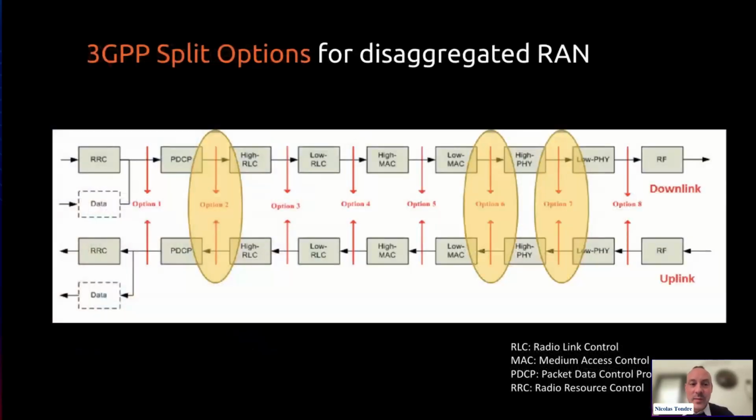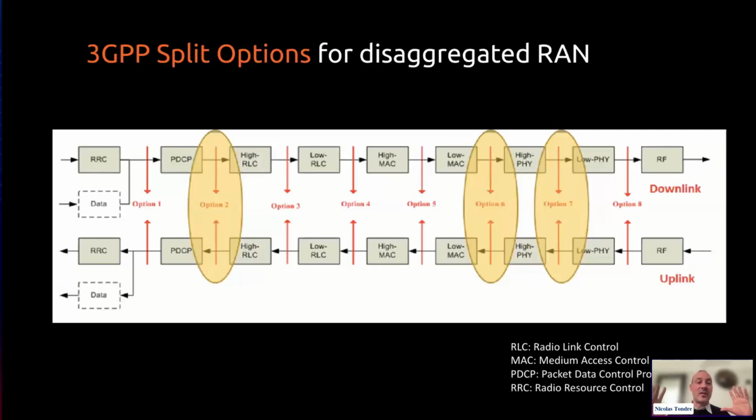Let's dive a little bit into a technical diagram. You might be acquainted with this one. It's the different split options that were defined by 3GPP for disaggregating the radio access network. Historically, the radio access network was monolithic.